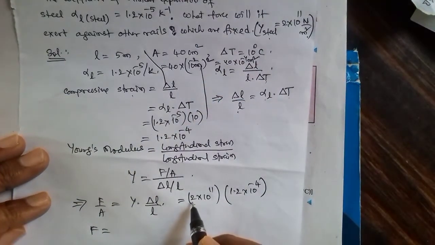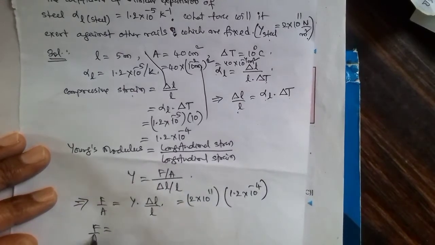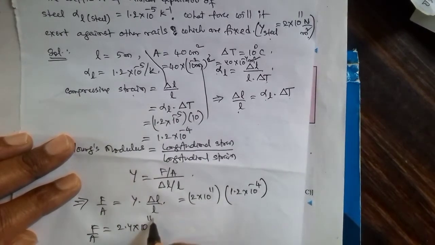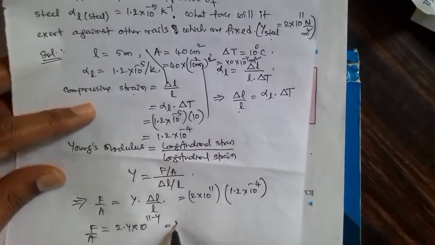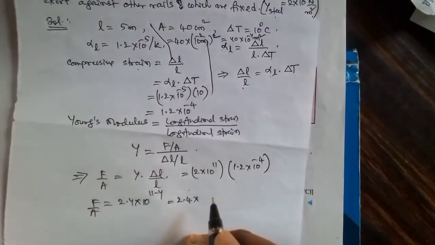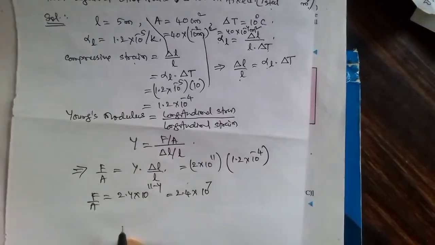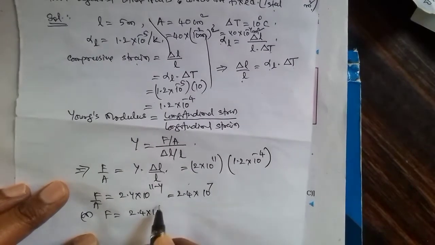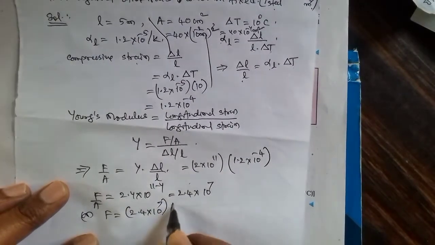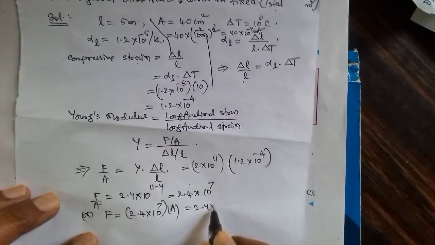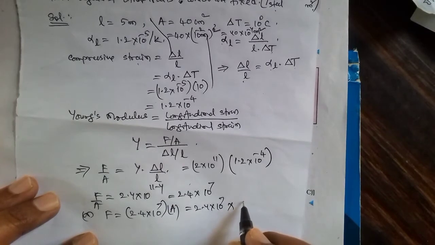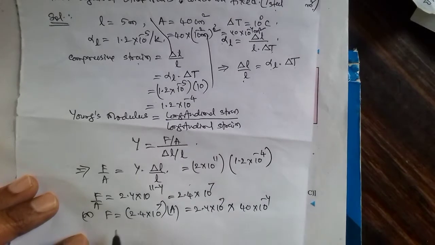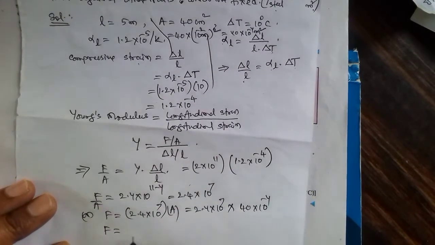So F is equal to Y into delta L by L into A, and A value is given as 40 into 10 power minus 4. So we get the F value.